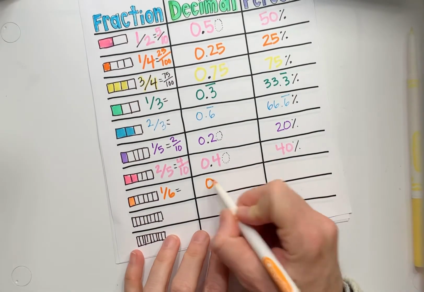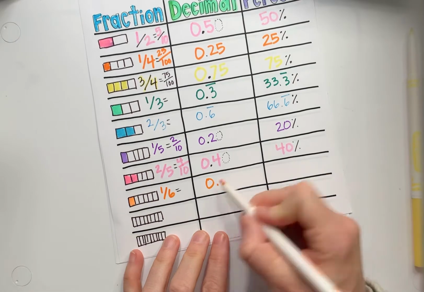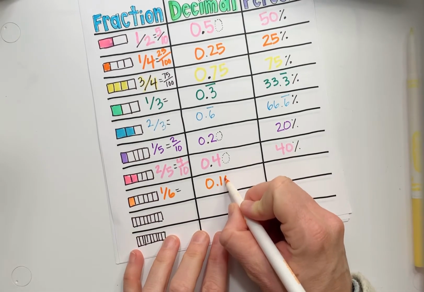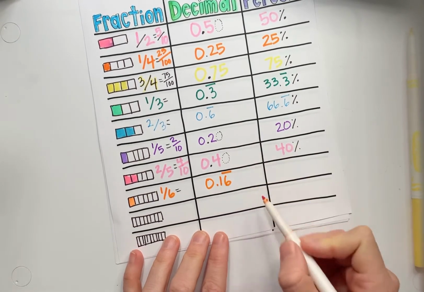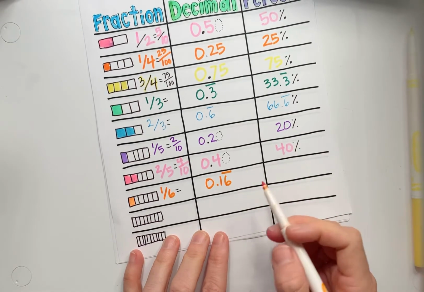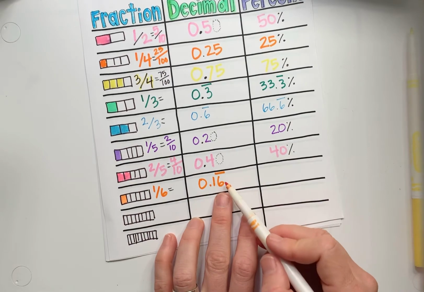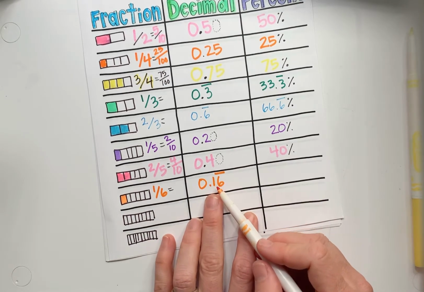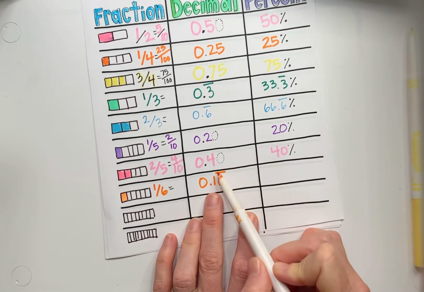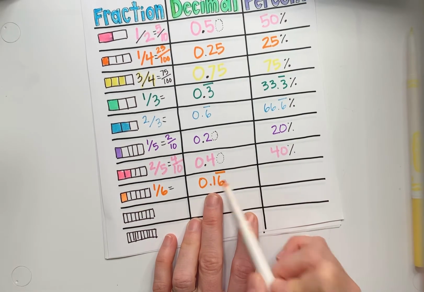And it's going to be 0 and 1/6 with a bar, or 16 hundredths, and then just that 6 is going to repeat. The 1 doesn't repeat, because the bar is not above the 1. So it's just the 6.